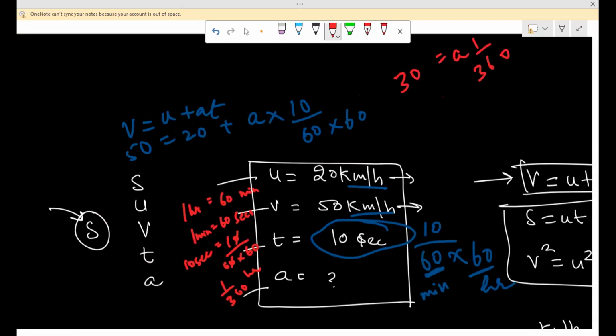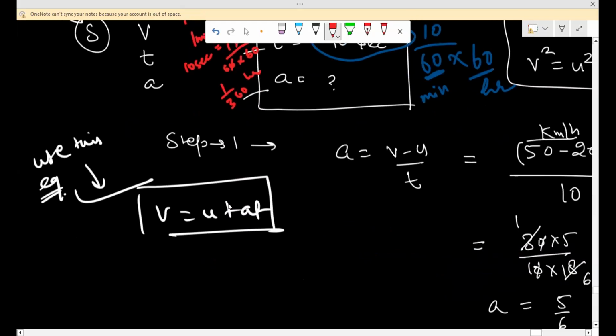So this will go here. 30 into 360 is equal to a. 3 6s are 18, 3 3s are 9. 1080 kilometer per hour square. Okay, it will be approx 10,800. All right. Abdullah? Yes, ma'am. Perfect.